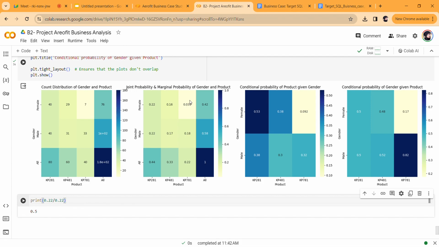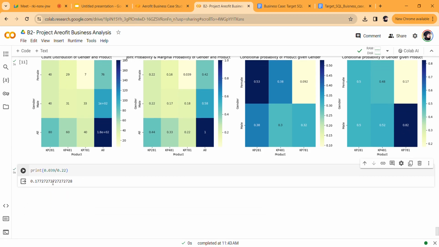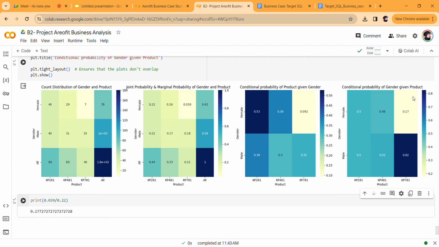We take the joint probability of female and KP781, that is 0.039. In this case, we see it's just 17%. So you will understand the conditional probability: given that the product is there, how many persons are male and female for this particular category.